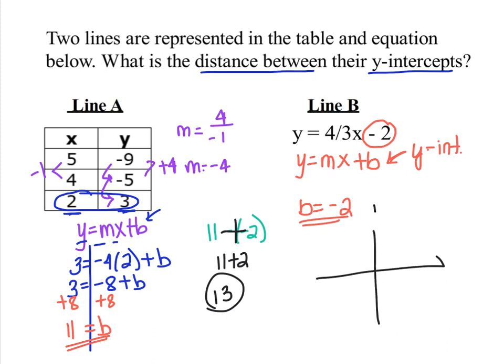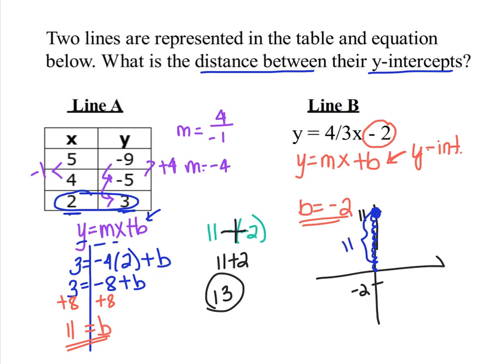I can also think about it as a graph. So if this was 11 up here and this was -2, not going to draw all the lines. So in order to get down, if I'm at positive 11 up here, in order to get down to 0, to my x-axis, I would have to go down 11.